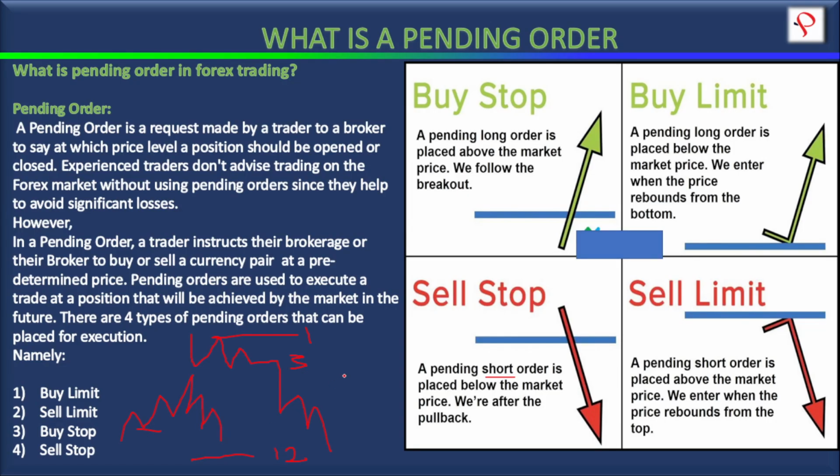Do you understand? And when you are selling, it means that you want price to come down, so your stop loss has to be above your entry point in case price decides to go against you. So your stop loss saves you from losing money beyond what you have projected, or what you have planned to lose on the trade. Is that clear? So I just want to use these terminologies for you to understand how this thing works.